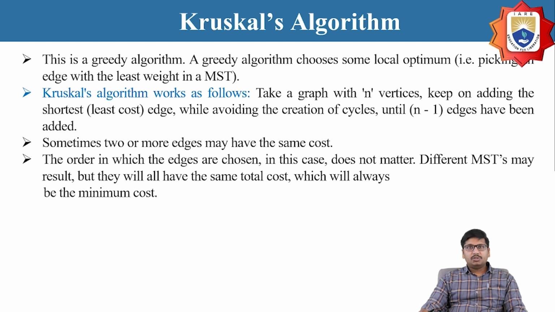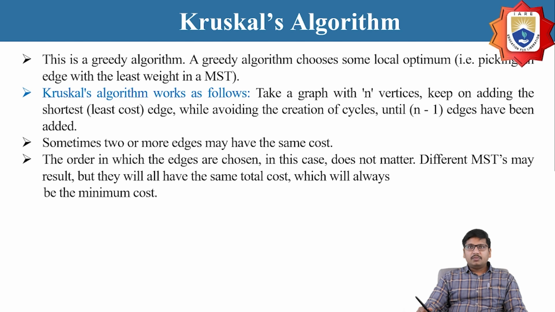Sometimes two or more edges may have the same cost, and the order in which the edges are chosen does not matter in this case. Different MSTs may result, but they will all have the same total cost, which will always be the minimum.